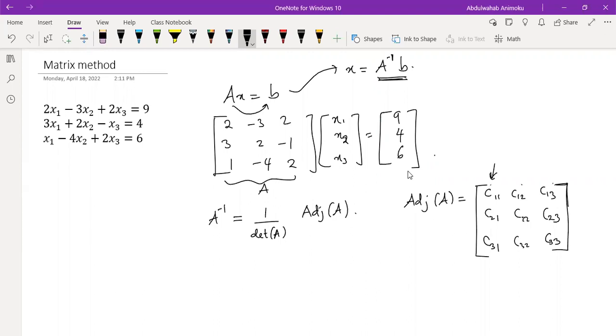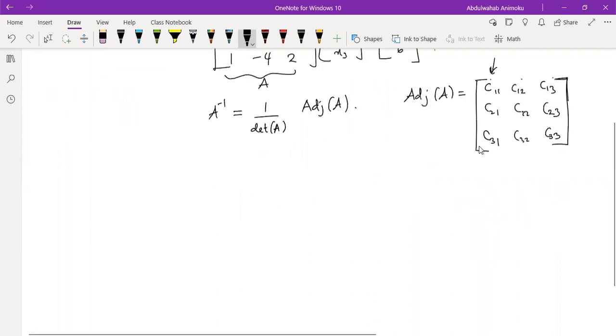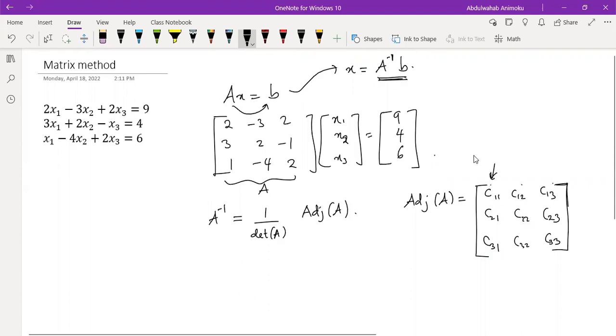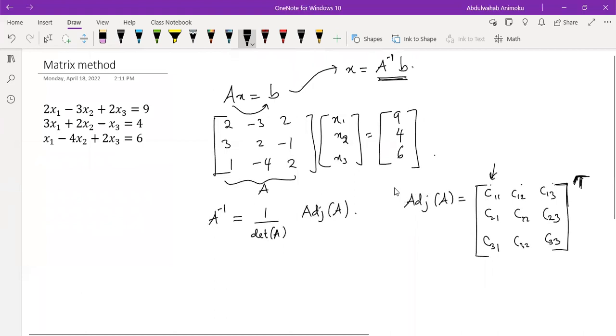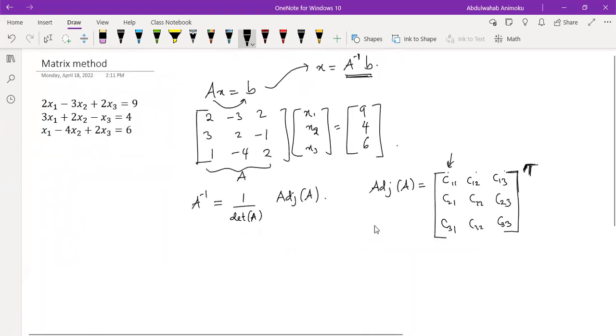We're going to explain how to find these cofactors to determine the adjunct of A. Basically, the adjunct of A would be this cofactors matrix transposed. We need to find the transpose of this at the very end. So this is what the formula is.